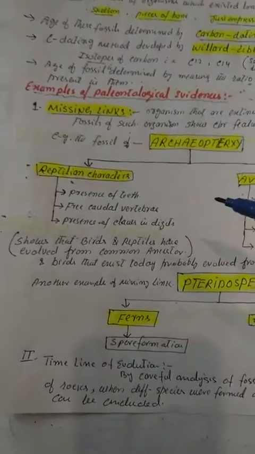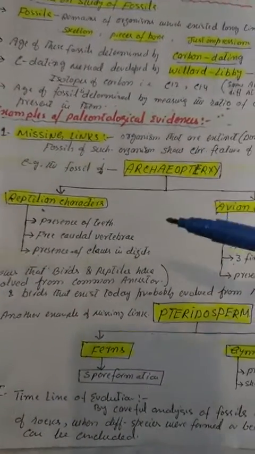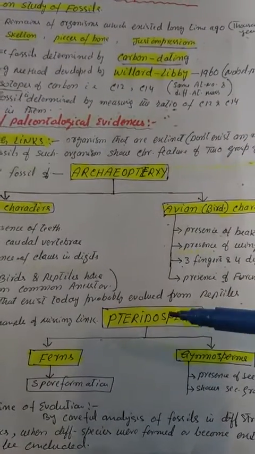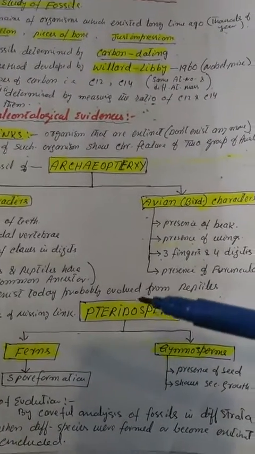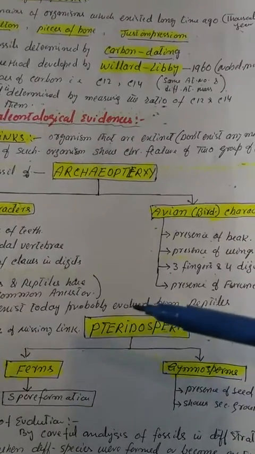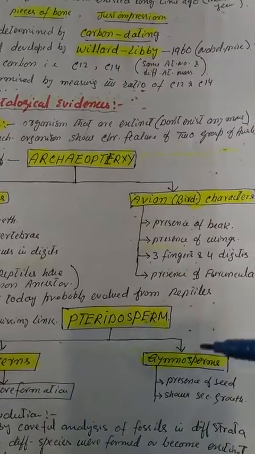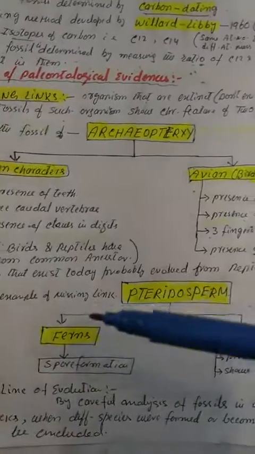Now, the second example of missing link is the example of pteridosperm. It was a plant fossil which shows the characters of a fern and also the characters of gymnosperms.